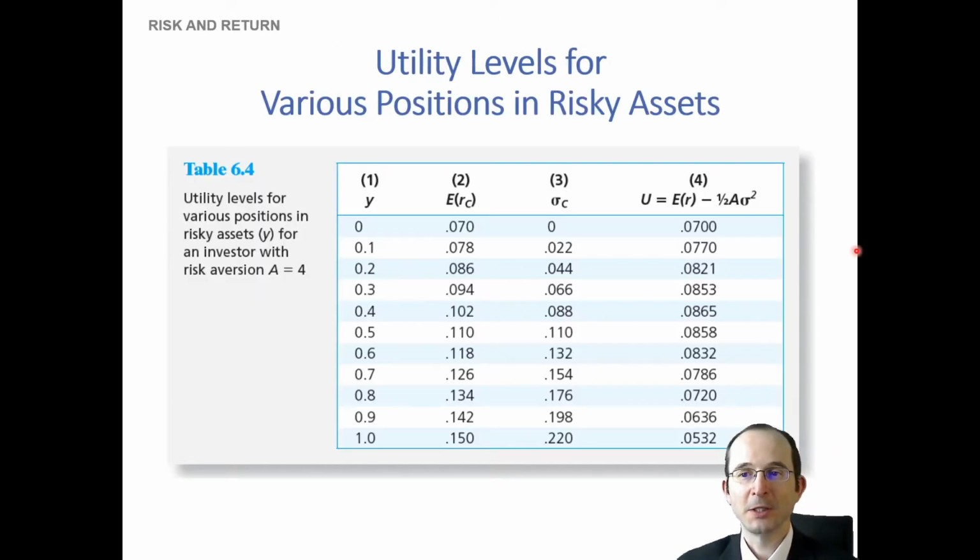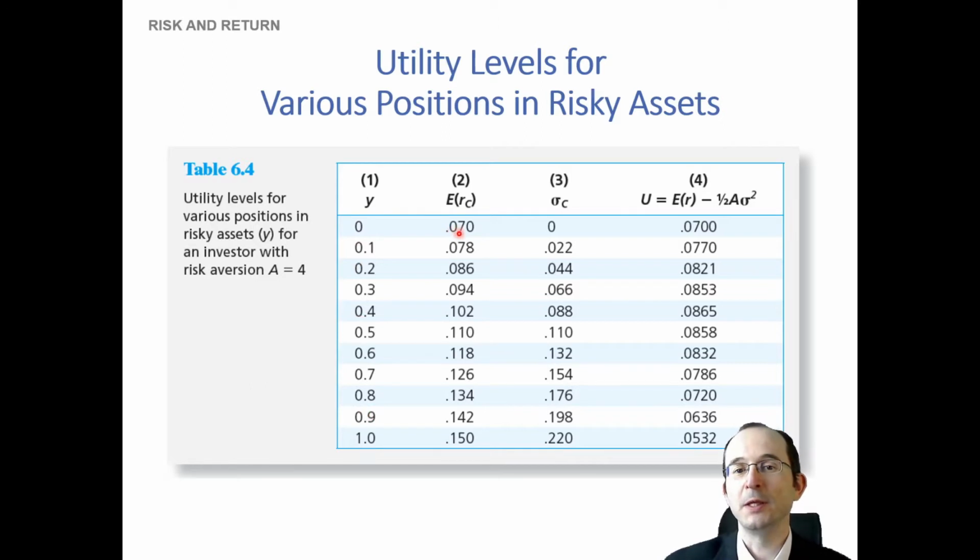So let's consider all possible values of the allocation to the risky asset Y, up to 100%. Remember, technically it could extend even farther if we want to borrow at the risk-free rate. But for now, let's just look at allocations to the risky asset anywhere from 0 to 100%.